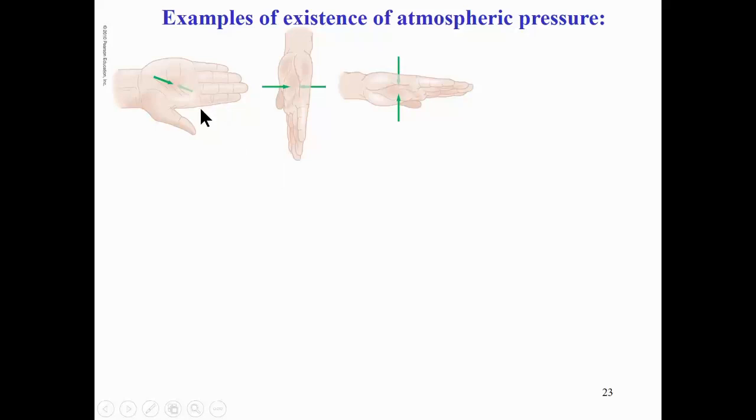Even though the atmosphere is pressing us with huge force, about 15 pounds per square inch, on any surface of our body, we don't feel it. Why? Say, on your hand, the pressure force acting in this direction is completely equal and opposite to the pressure force acting from the other direction. So the pressure force on any part of our body is equal and opposite from both sides, and that's why we don't feel it.